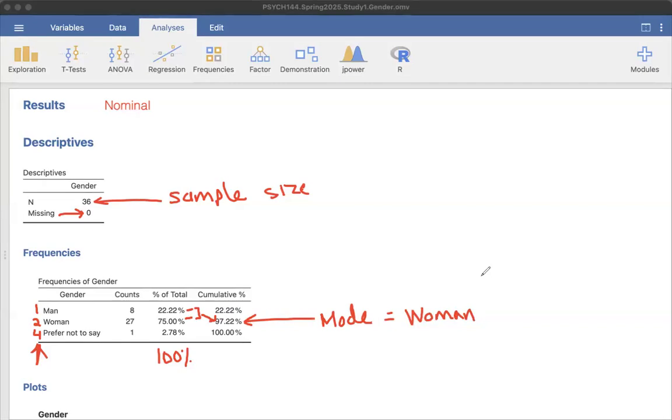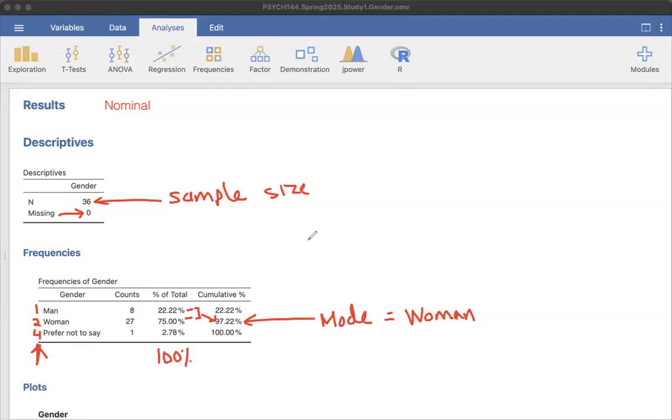So this tells us that the most frequent gender in our data set is women. And we can see by what percent that occurs. There are no measures of variability because there's not a way to really talk about the spread of our data in terms of gender.